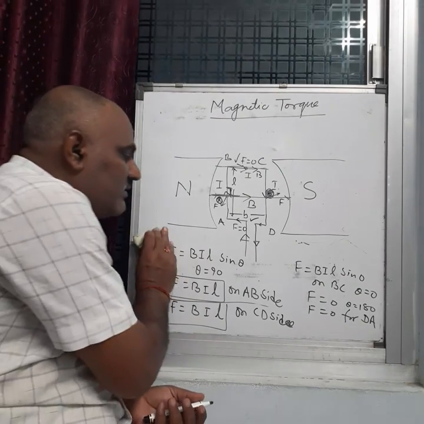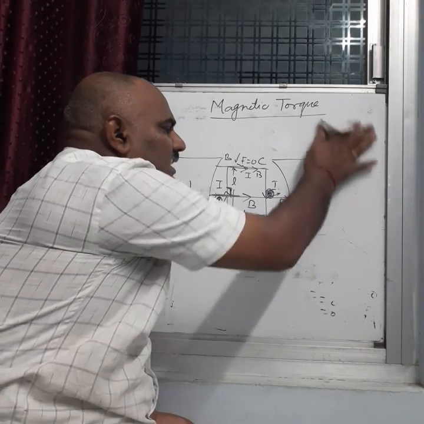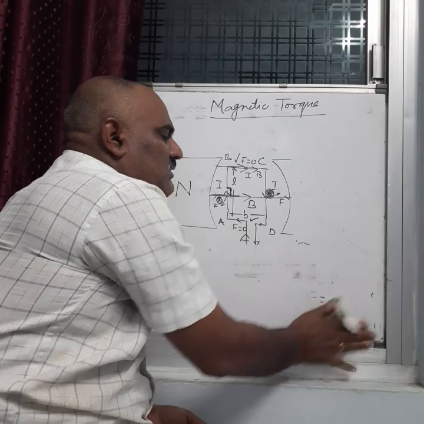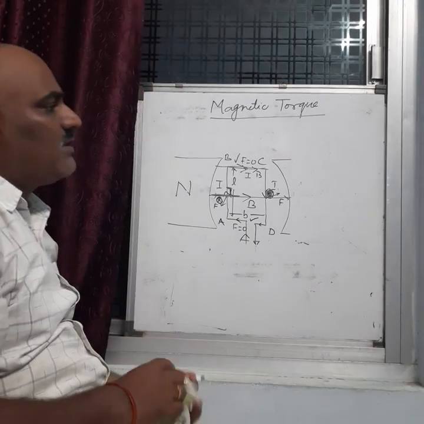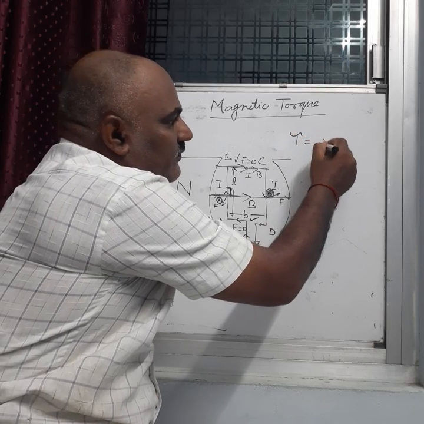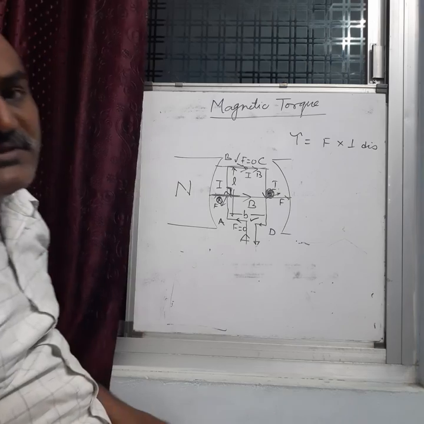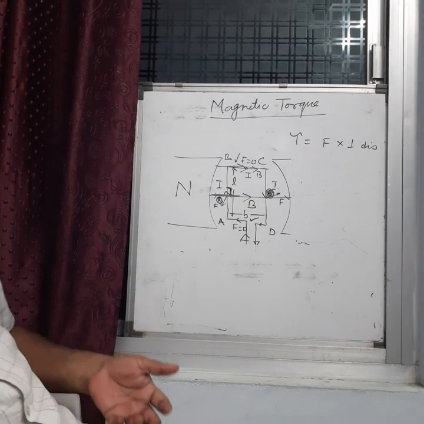And what will be the value of torque? Now you see, the value of torque can be calculated like that. Torque, represented by tau, is force into perpendicular distance. This is the basic formula.